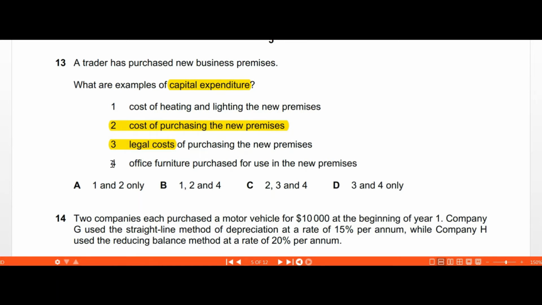So over here the office furniture that was purchased for use in the new premises, now again this office furniture is also your asset. It will serve you for a longer period of time, and you cannot really use your new premises unless you have furniture or fixtures and fittings in it. You won't just be sitting in an empty room. So all of these three items will actually be capitalized. So option C, where it says 2, 3 and 4.